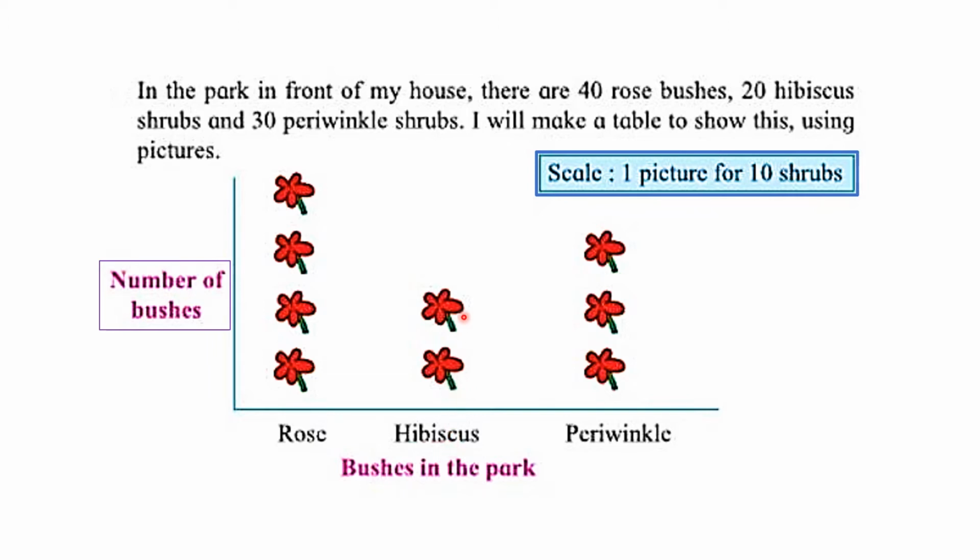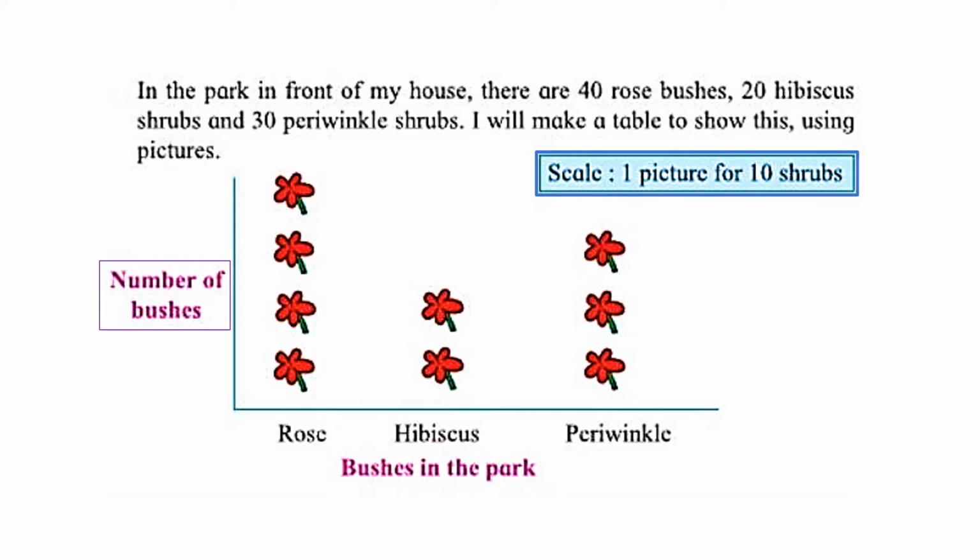So 2 into 10 we will get 20 hibiscus shrubs. Same way here 3 pictures are given. So 3 into 10 we will get 30 periwinkle shrubs. So this way we can learn the pictograph.